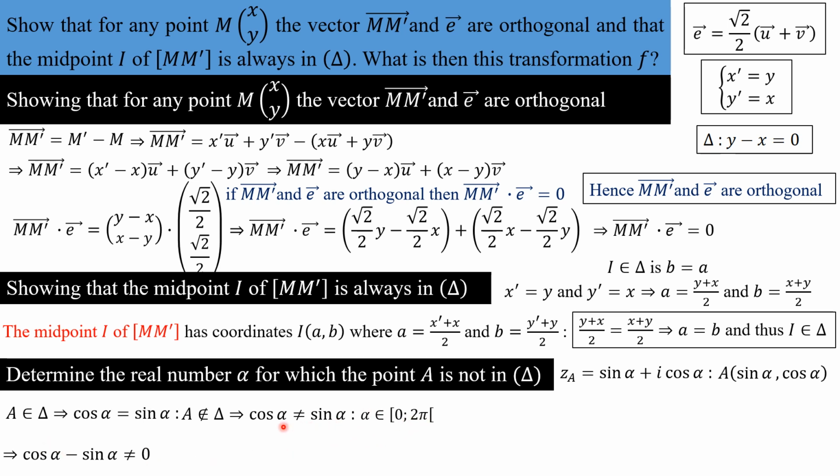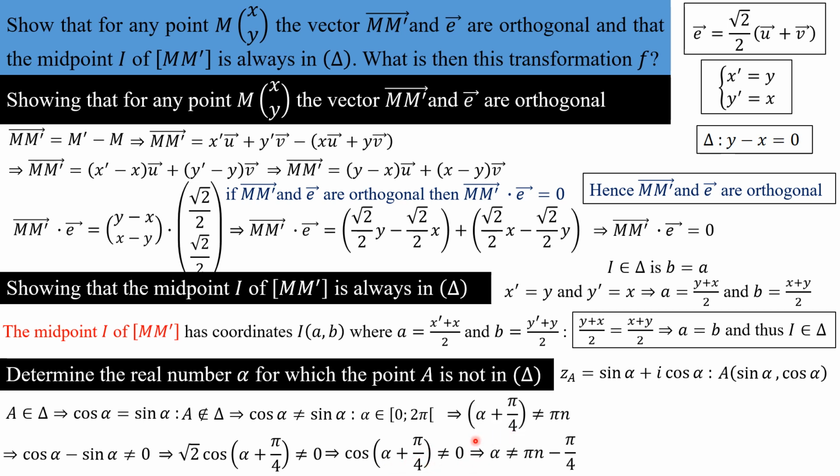So cos alpha different from sine alpha means cos alpha minus sine alpha different from 0. If you write it in the form r cos(alpha plus lambda), you get the left hand side to be root 2 cos(alpha plus pi/4), and the right hand side is 0, so that is different from 0. It means that cos(alpha plus pi/4) is different from 0, meaning alpha plus pi/4 is different from cos inverse of 0, plus or minus 2k pi, if you wish.